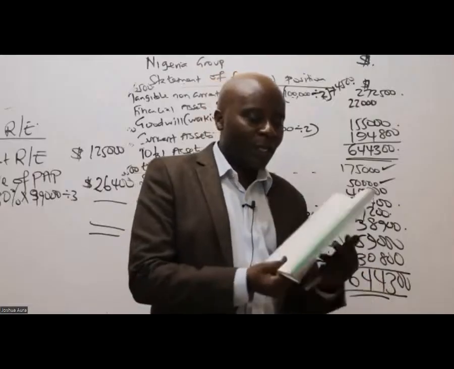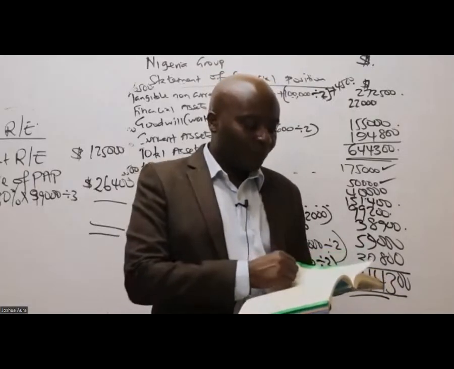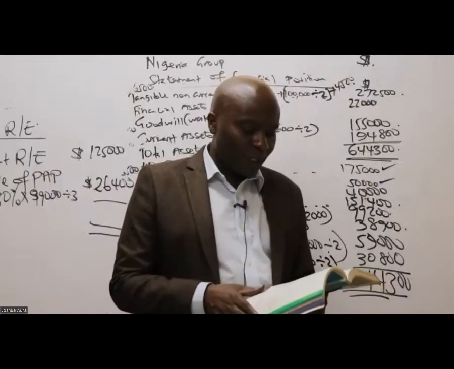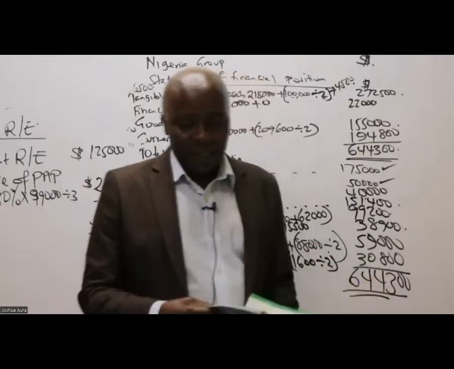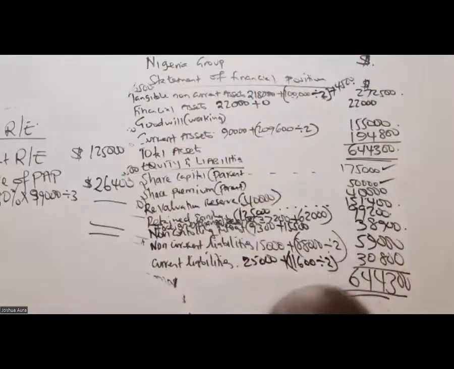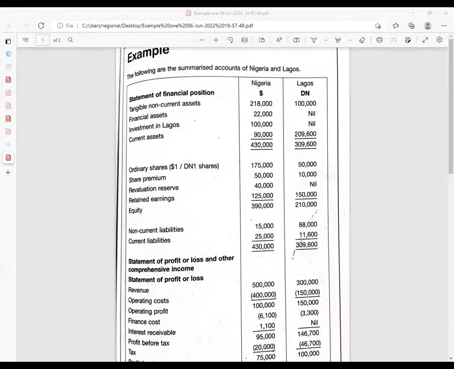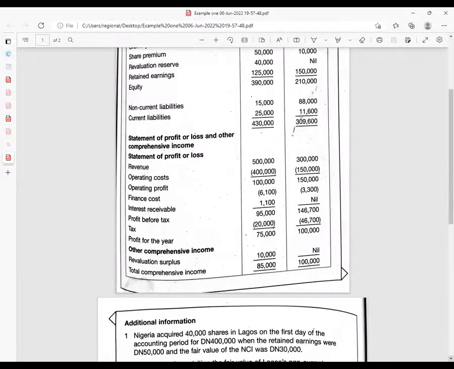Now, ladies and gentlemen, given this little time left, we need to go ahead and capture the income statement. The income statement is very easy. This is the easiest, the consolidated income statement. They have given us a statement of profit and other comprehensive income.